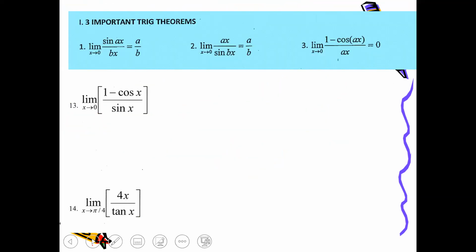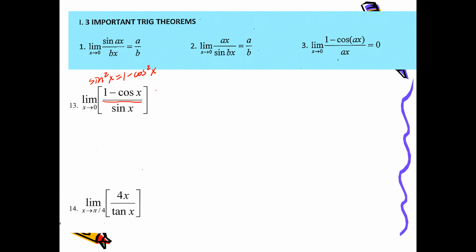Let's take a look at number 13. Okay, so as I take a glance at the numerator, what comes to mind is sine squared x equals 1 minus cosine squared x. Well, I'm missing a square.